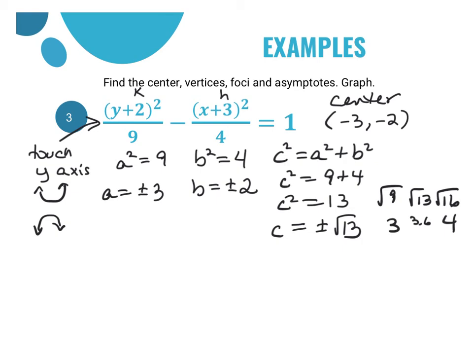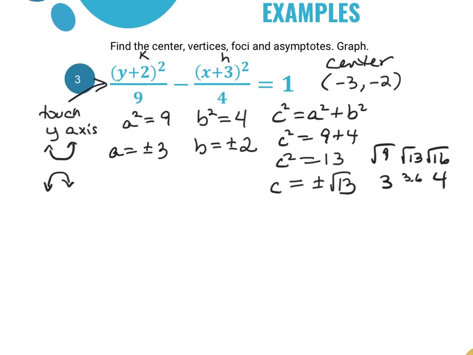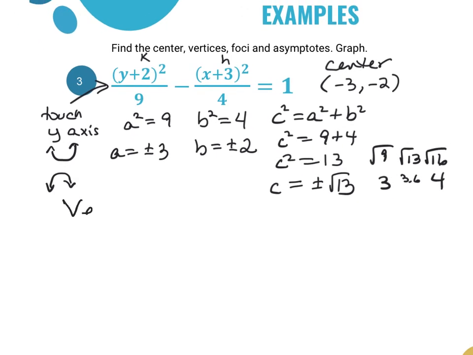All right, now let's find our vertices. Vertices are going to use A, and we're using the center point this time. We actually have to do some calculations here. So for the vertices, I'm going to be adding and subtracting A to the center, but the variable I add it to is what I saw first.